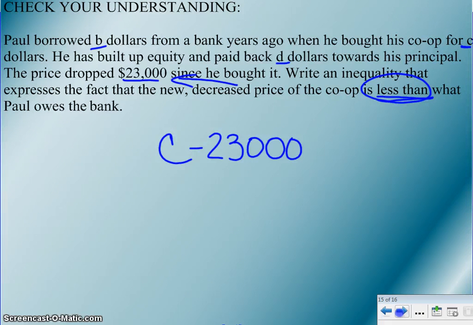And it is less than what he actually owes. B is the amount that he borrowed. D is the amount that he has paid to date. So we would subtract D from B to get the current balance owed. And we know that it is greater than the price the co-op would sell for at this point.